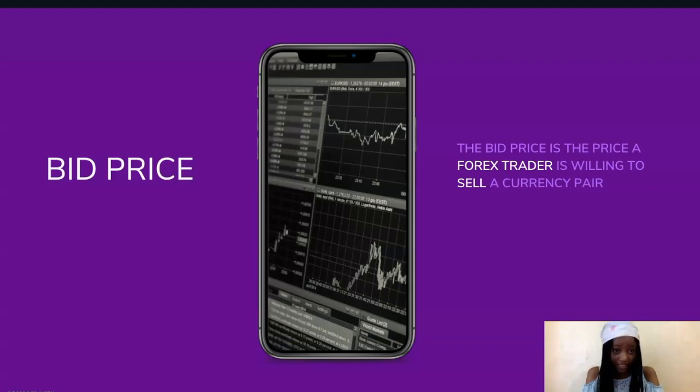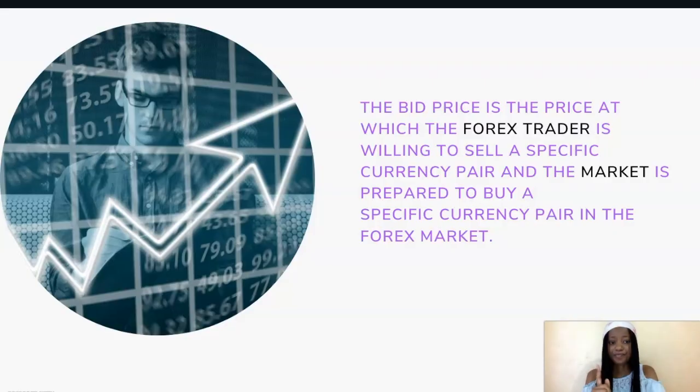The bid price. Now, this is where I want you to pay very close attention. The bid price is the price a Forex trader is willing to sell a currency pair. Stay with me. So the bid price is the price at which the Forex trader is willing to sell a specific currency pair, and the market is prepared to buy a specific currency pair.